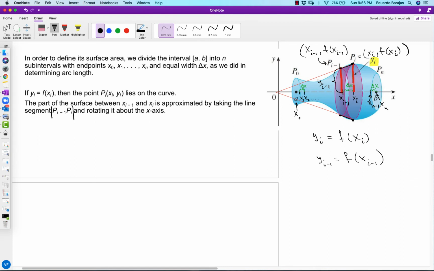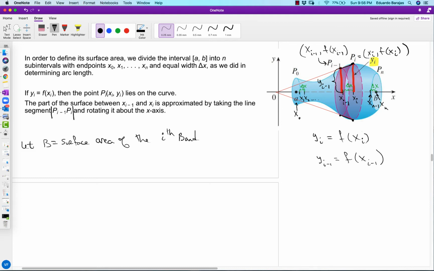Okay, so if we just focus on this band, let's find the area of that band. As I extended that right there and right there, we can see that it's a portion of a cone, right? It's a band from a cone. It's the partial surface area of a cone. So we can use our formula from before. Let's let b equal the surface area of the ith band.